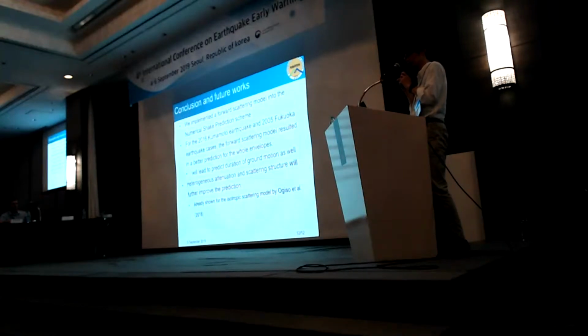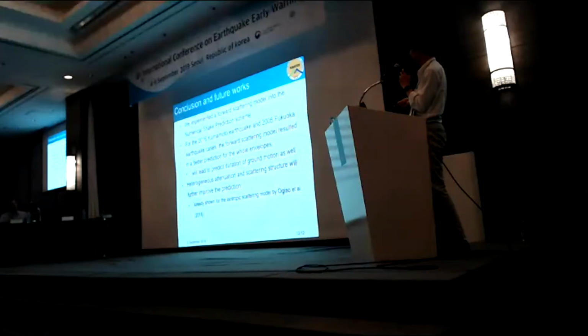This is the conclusion and future work. At least for these Kumamoto earthquake and Fukuoka earthquake cases, the forward scattering model resulted in a better prediction for the whole envelopes. And this result will lead to predicting not only the maximum intensity, but also the duration of the strong motions.